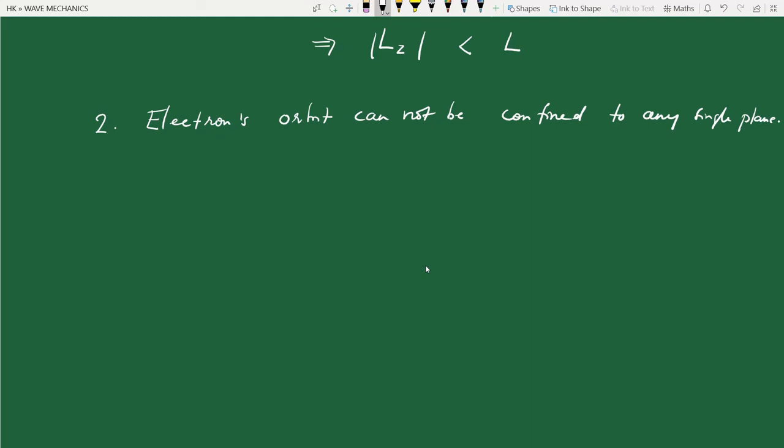Earlier I said that it cannot be confined to the xy plane, but let us now observe that it cannot be confined to any single plane. What does it mean?